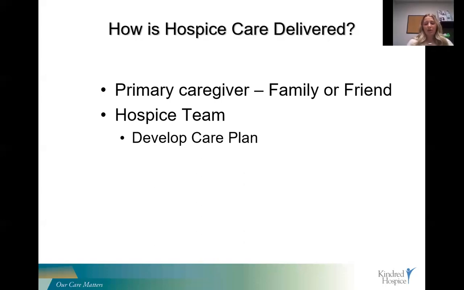So when we look at all of the people who are providing care, you have your caregiver, and then you also have your hospice team. And your hospice team is there to help educate and support that caregiver, to make sure they have all the tools to feel confident and comfortable in what they're doing as well.